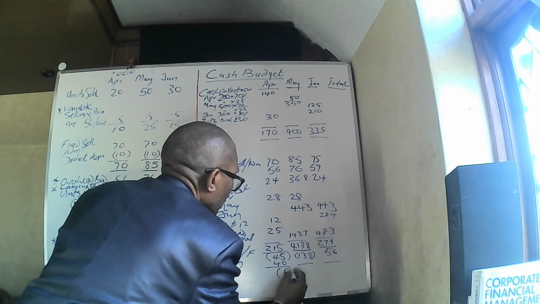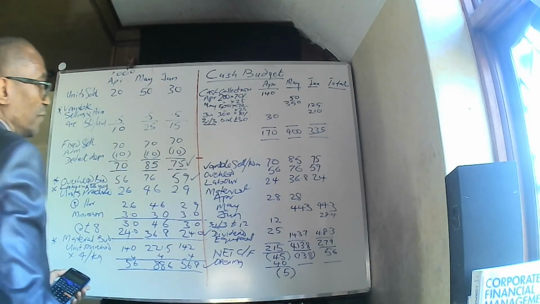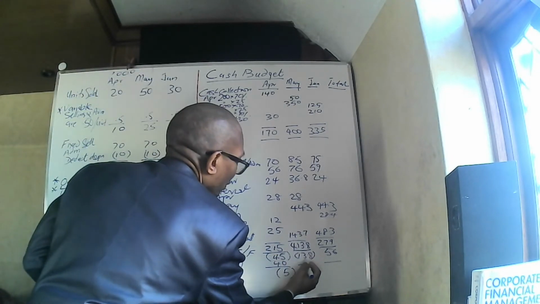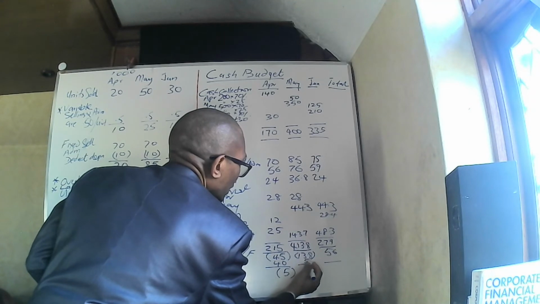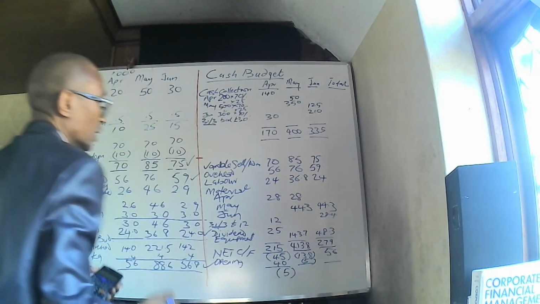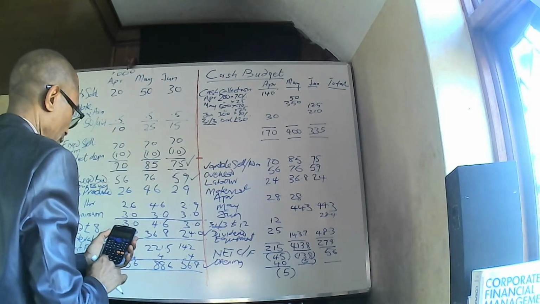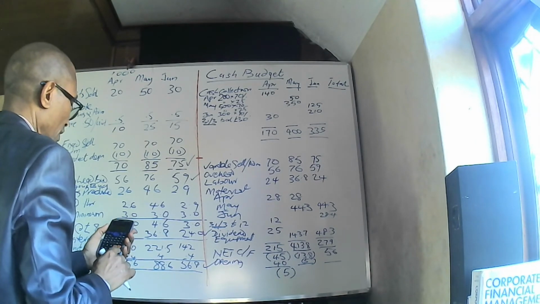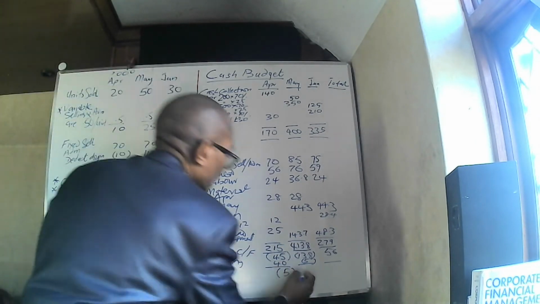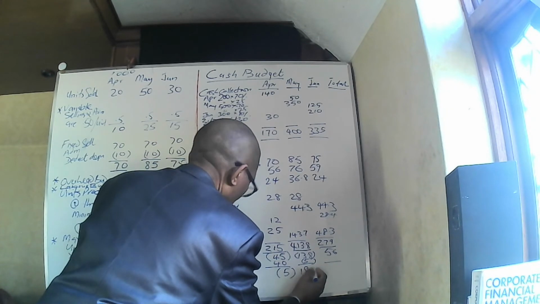The 5 negative will become our opening figure here. Negative 13.8 plus 5 gives 18.8 negative.